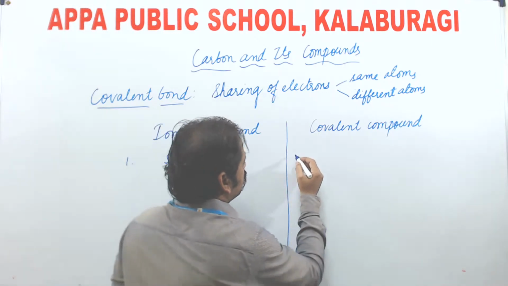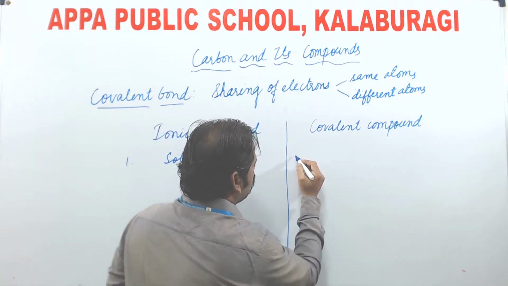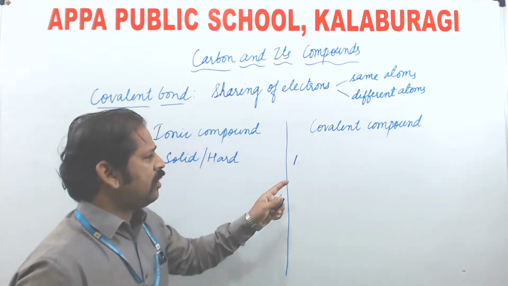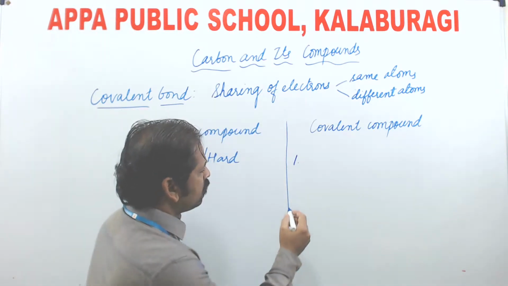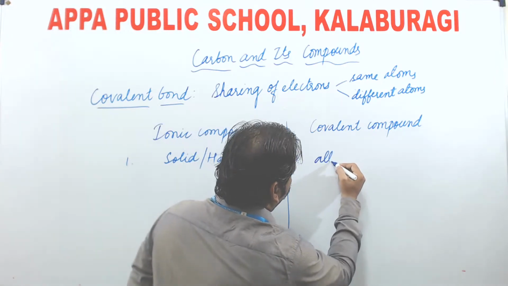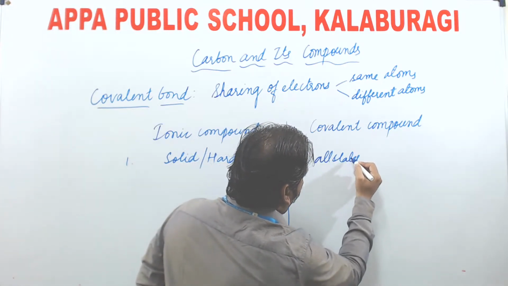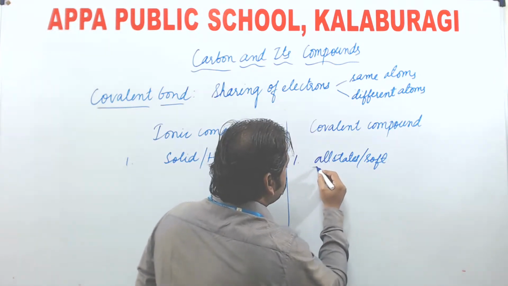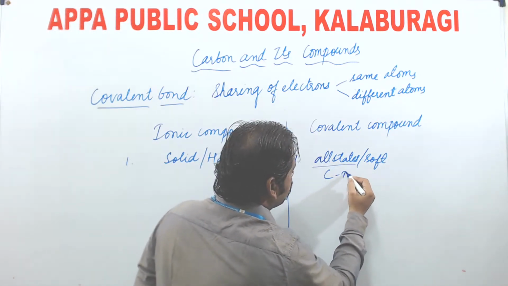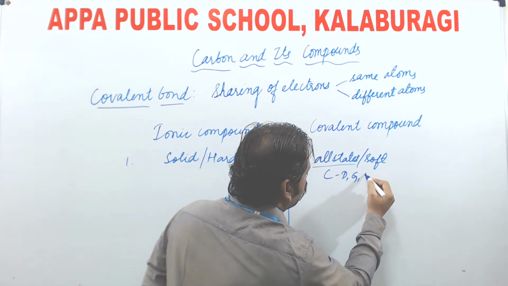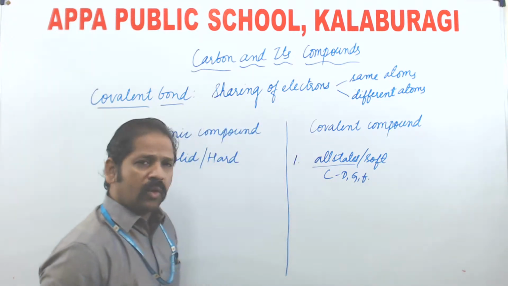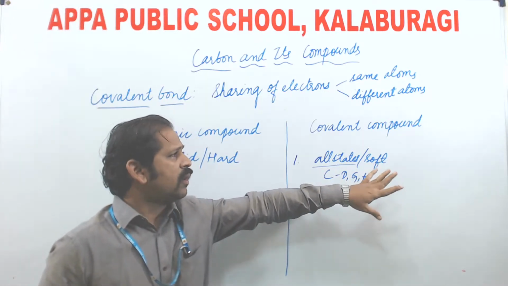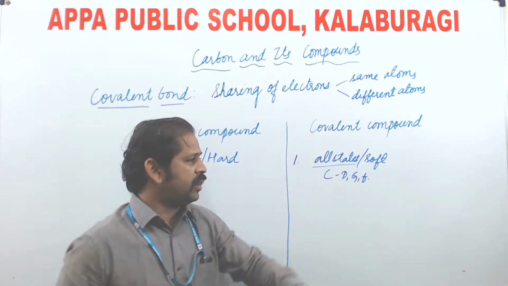Covalent compounds are available in solid, liquid and gas, in all the states, and are soft in nature, except carbon, that is diamond, graphite, fullerene, coal. I'm talking about the compounds actually.